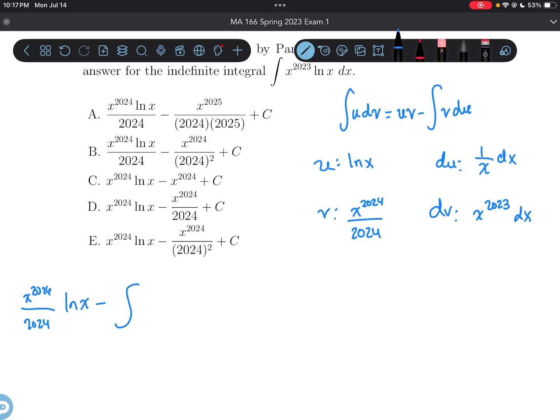And then v is x to the power of 2024 over 2024, times du, which is 1 over x. Since I have x to the power of 2024 on the top and x to the power of 1 on the bottom, this simplifies to x to the power of 2023. Okay, and now I just need to find the antiderivative of x to the power of 2023 over 2024.